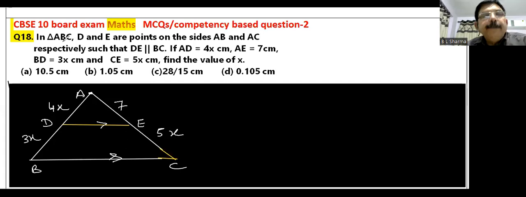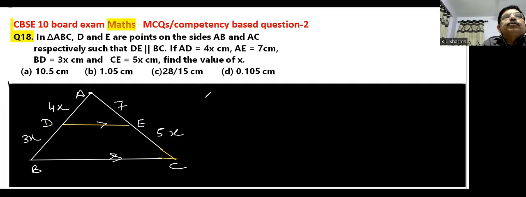In triangle ABC, DE is parallel to BC, it is given AD is 4x, BD is 3x, AE is 7, and EC is 5x. And then we have to calculate the value of x.